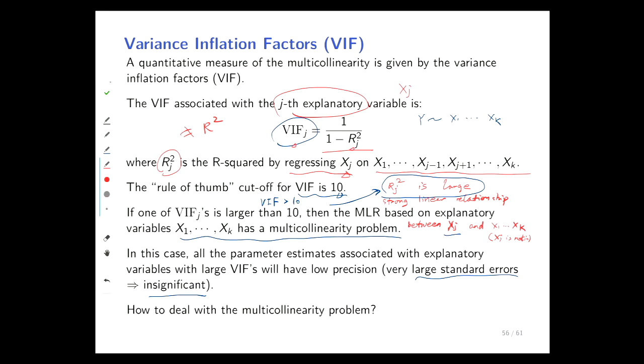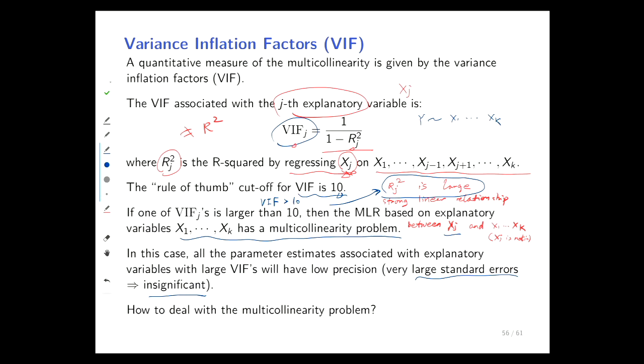Rj square is the R square if we regress xj on the other variables, to measure whether or not xj has a large linear relationship with the other variables. If xj has a very large linear relationship with the other variables, then we should have a very large Rj square, and if we have a very large Rj square, we're going to have a very large VIF. That's the idea behind the VIF to identify the multicollinearity problem.